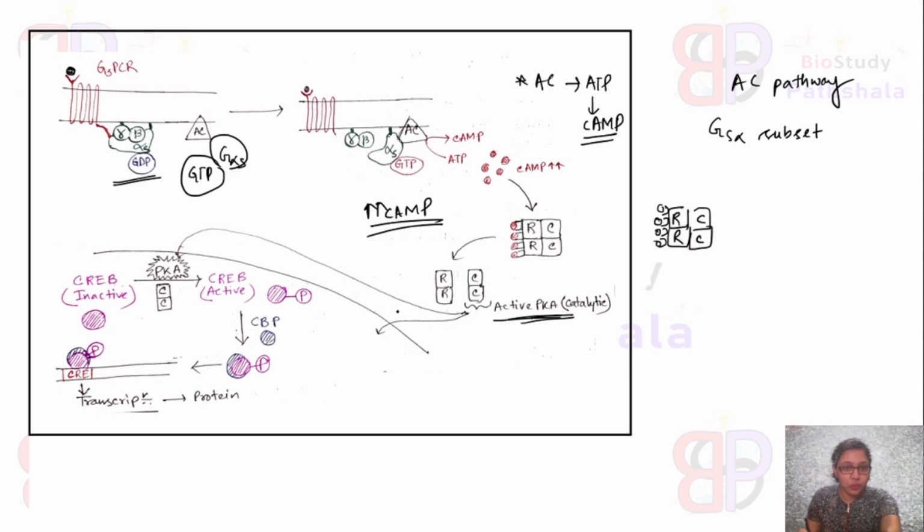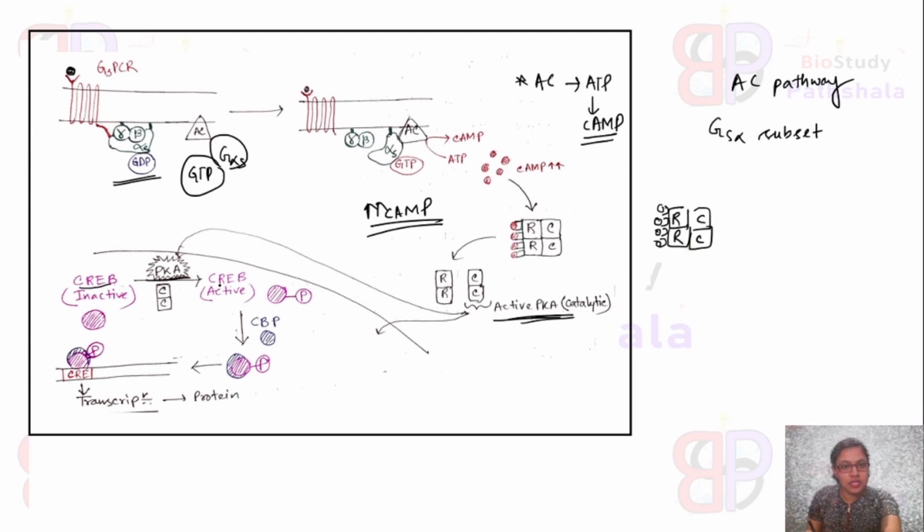Now this activated protein kinase A is transported into the nucleus and activates the inactive CREB, and the full form of CREB is cAMP response element binding protein. Now this CREB is activated by the presence of activated PKA.